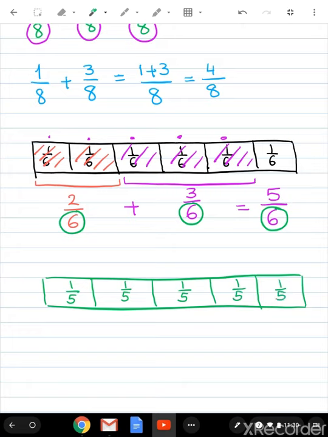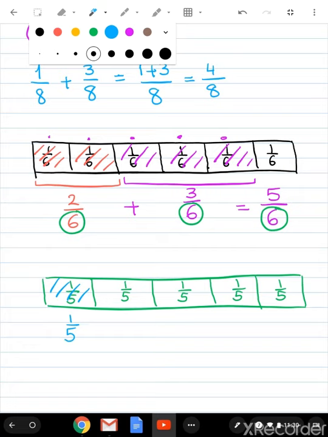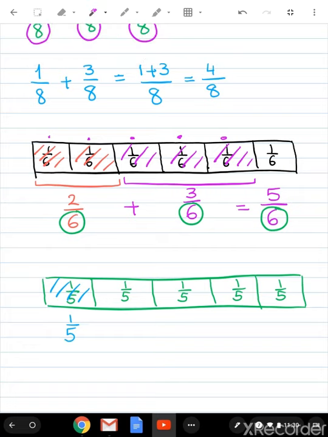And now we will add. This is the first part, which is 1 out of 5. Then again I will add another part, which is 2 out of 5.